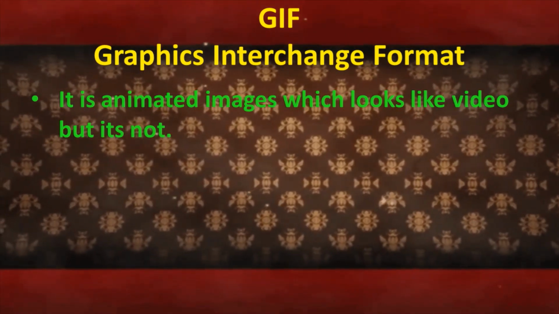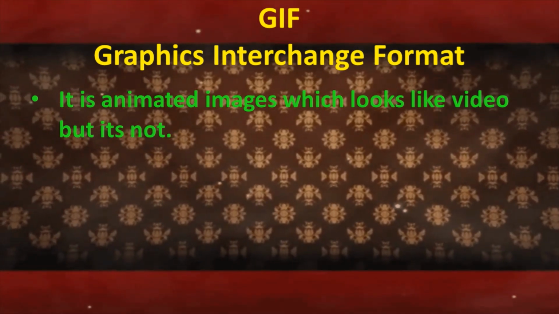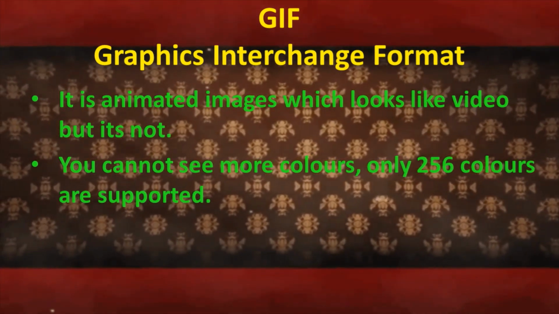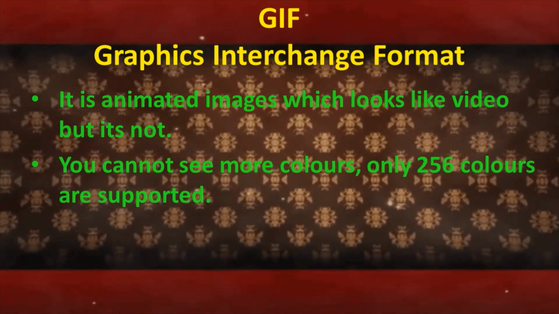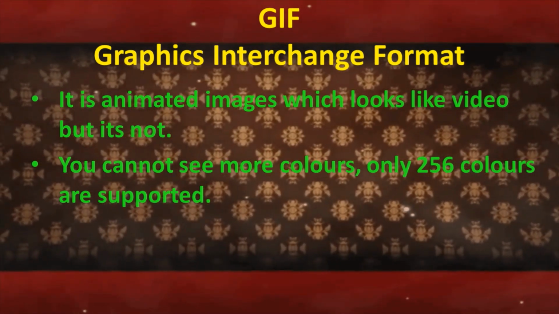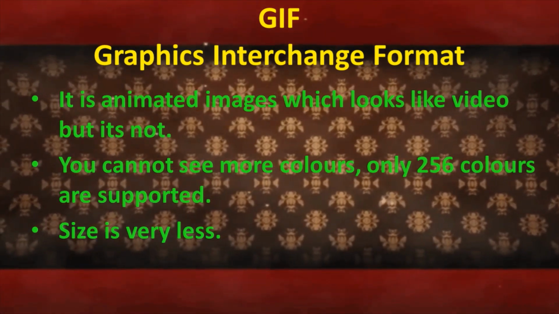So it is called animation. In GIF images there are limited colors, that is 256 colors are supported in the GIF file format. So fewer colors are supported, and that's why the size is very small.